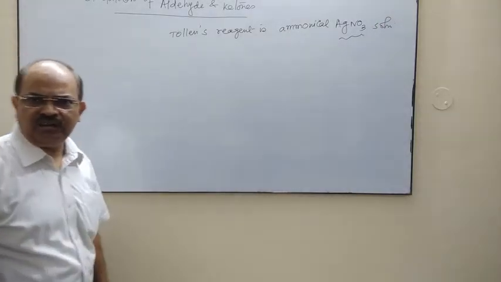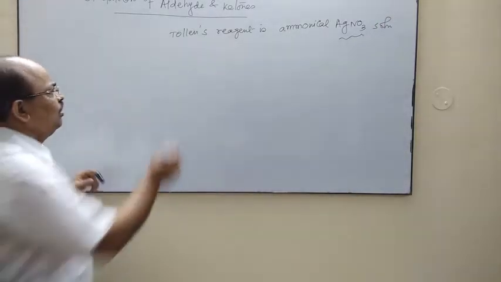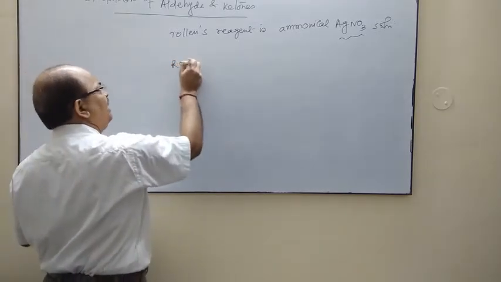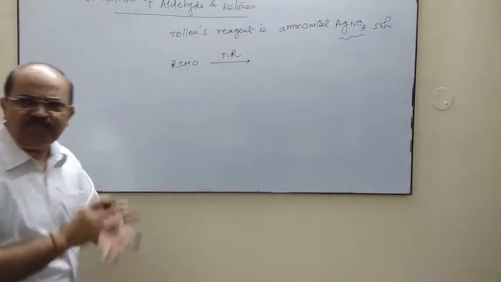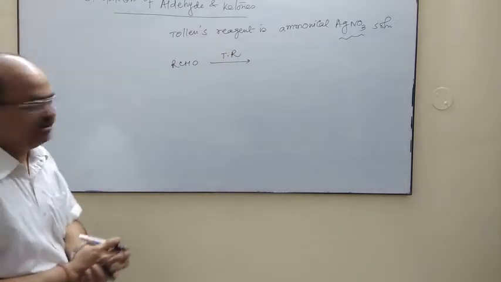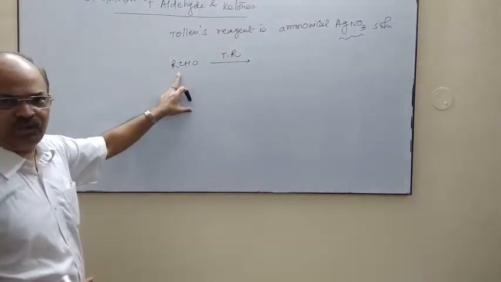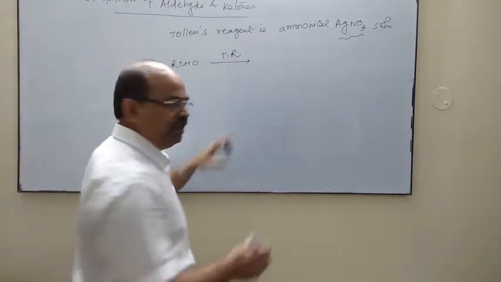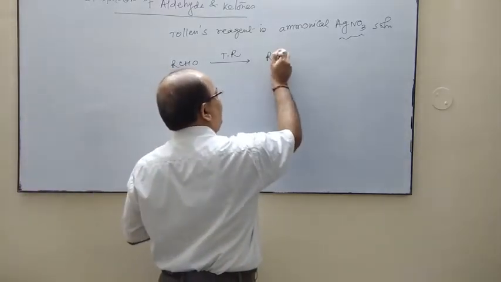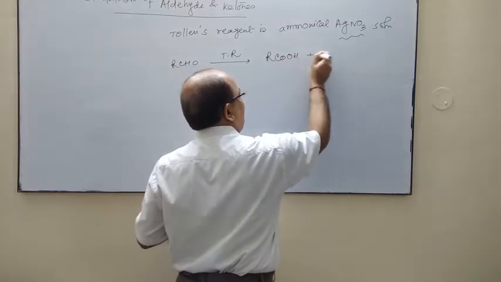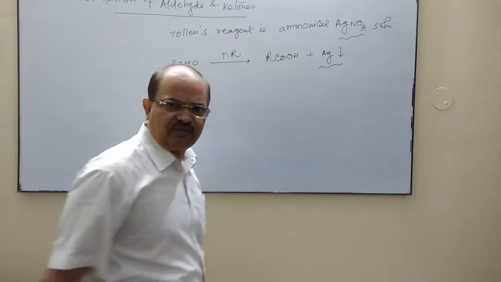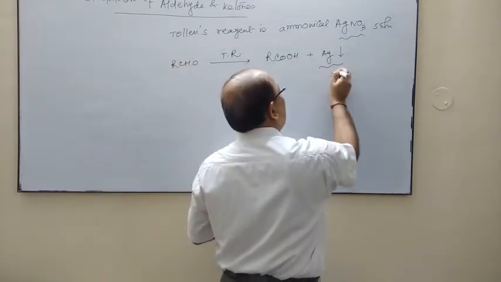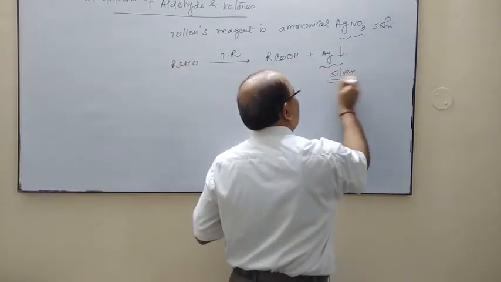So if you warm an aldehyde solution with Tollens reagent, then we get carboxylic acid and a white shiny silver mirror is formed. So silver will precipitate out.